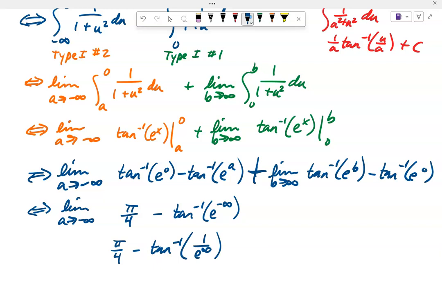So that's like arctangent of 0, and we know the arctangent of 0 is 0.